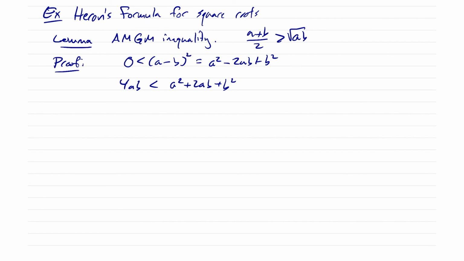Now I can write this on the right hand side as (a plus b) squared. Now I divide by 4 and I take the square root, and so that tells me that the square root of a times b is less than or equal to a plus b over 2, with equality if a is equal to b. So done. Pretty straightforward. Okay, so now let's go ahead and talk about Heron's formula.